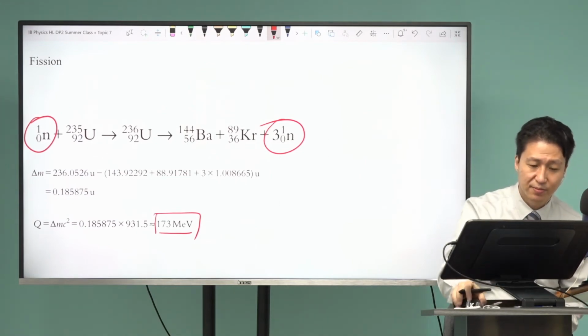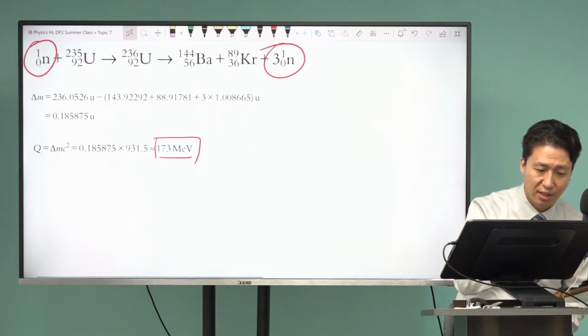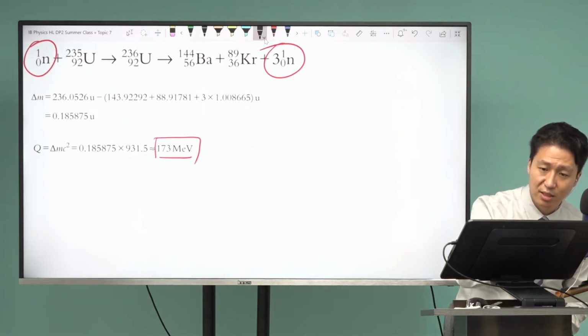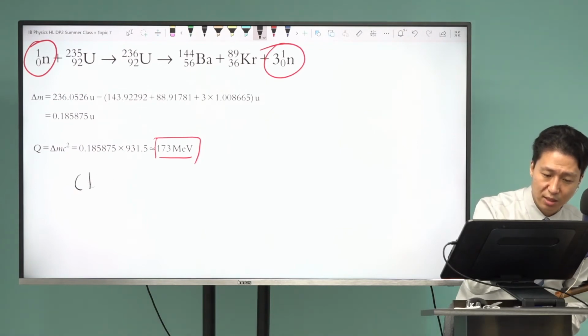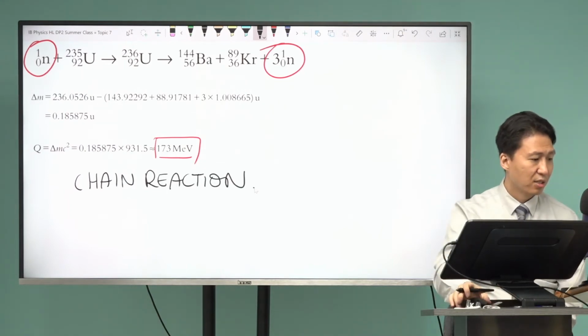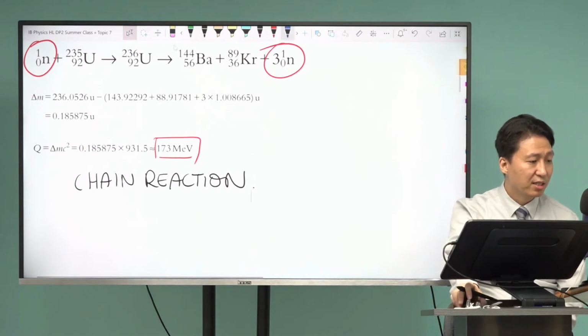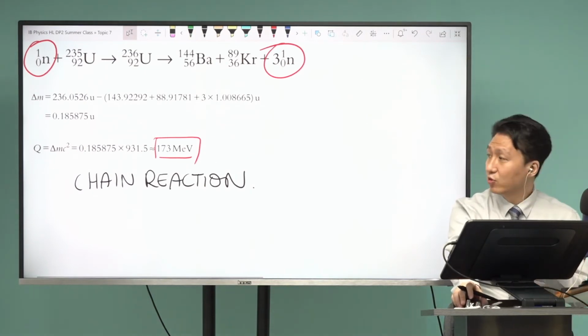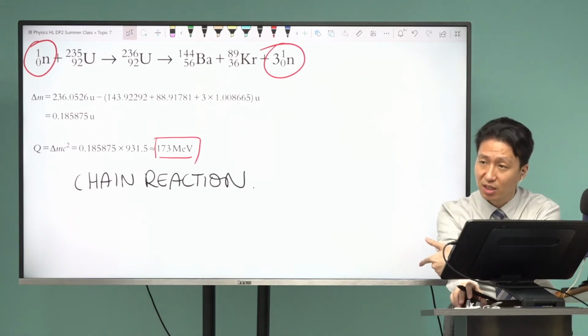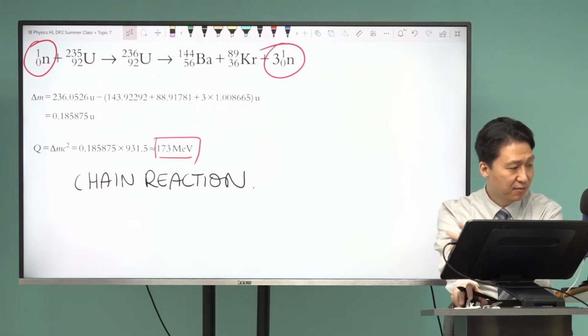So we go down, and this we will call a chain reaction. Basically, this means that one of these reactions will be able to create more reactions after it in a series.